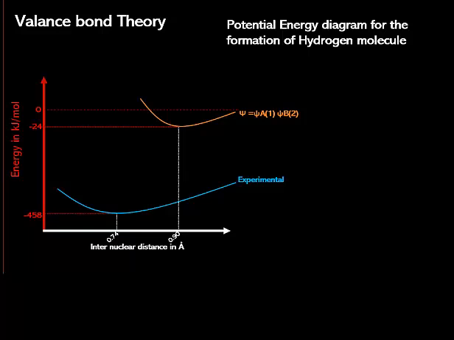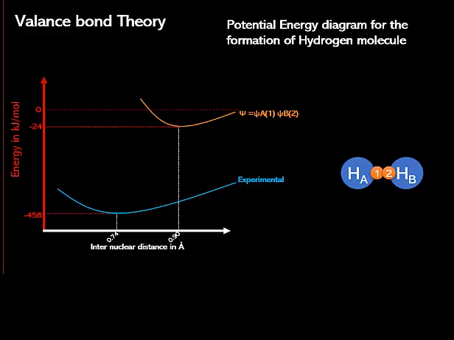As we consider that this is a covalent bond, we have not considered the influence of the proton of one hydrogen atom on the electron of the other hydrogen atom, as when a covalent bond is formed the exchange of electrons is possible. According to this wave function, the hydrogen molecule has been represented as HA, in which electron 1 has been supposed to be solely associated with nucleus HA and electron 2 is associated with nucleus HB.